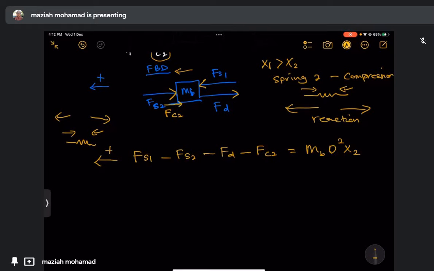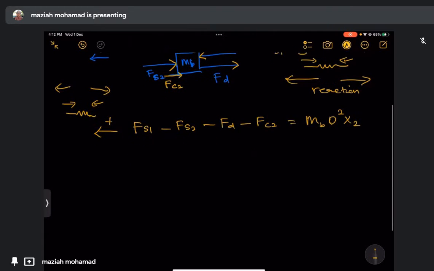The total force that caused the mass to displace to the left must be minus the force due to the damper, because the damper is trying to oppose the direction. So that's why we consider the direction for the damper to be to the right.